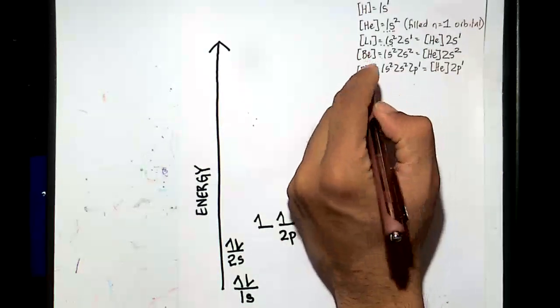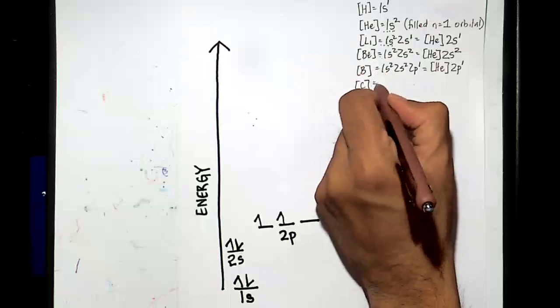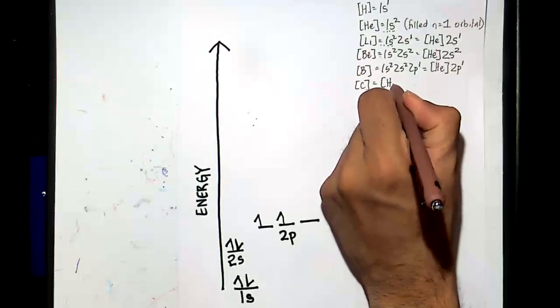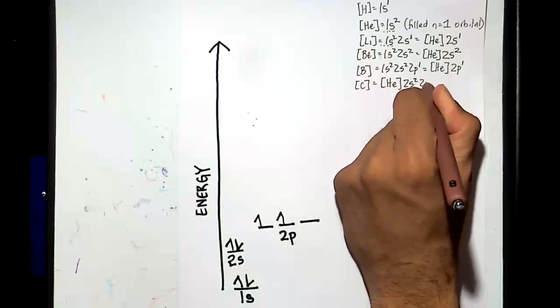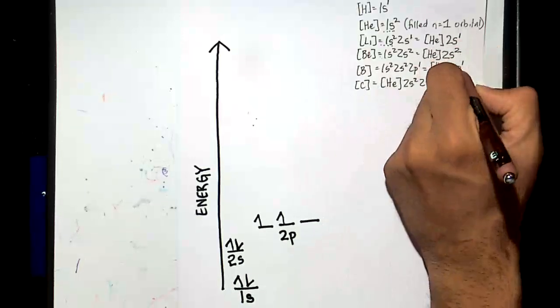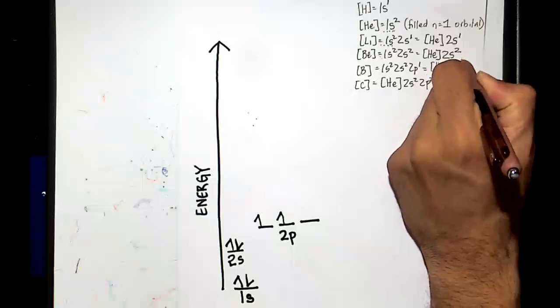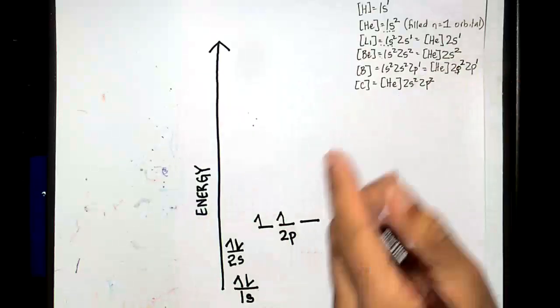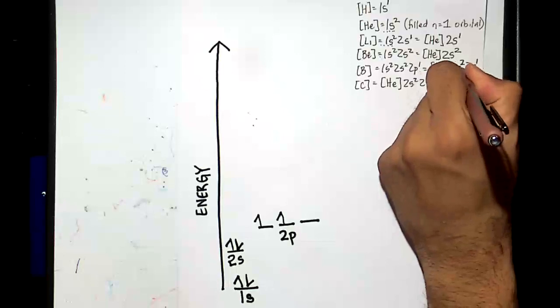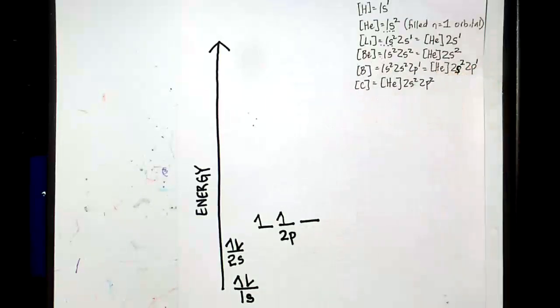So carbon is going to be 1s2, 2s2, 2p2. We'll just call it helium 2s2, 2p2.